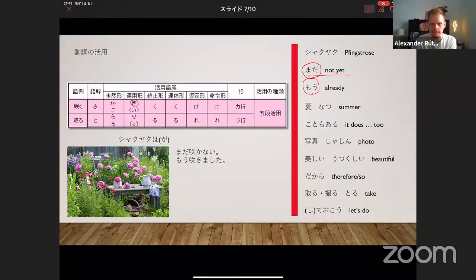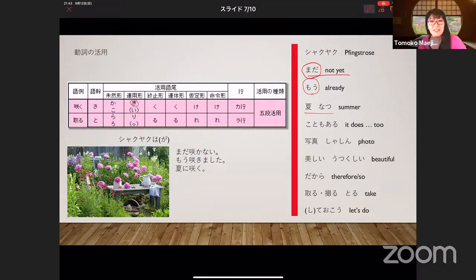Summer, 夏. So natsu ni, right? Yes. Nice. 芍薬は夏に咲く。 You end the sentence with the ku infinitive form. Great.